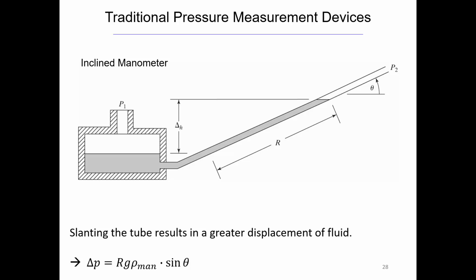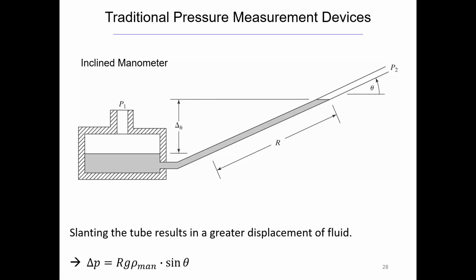The way that you do it is with an inclined manometer, as is shown here. So here we have the change in H and the R. In this device, those two things are different things. In just the plain old U-tube manometer, they were the same thing. But here, they're different. Change in H is the change in height in the Y direction. R is the change along the length of that inclined manometer leg.